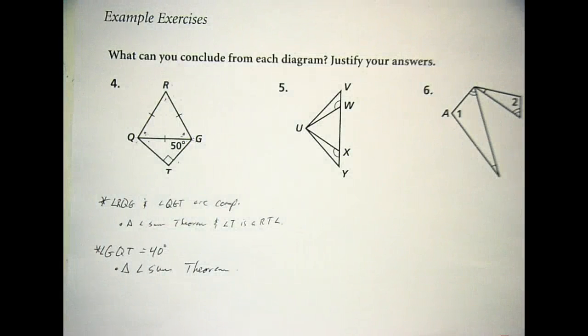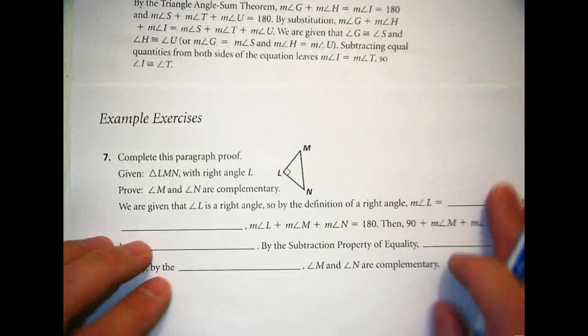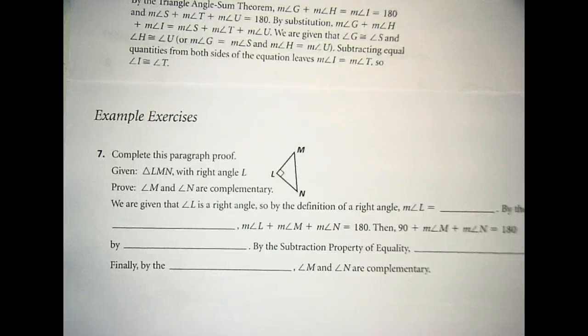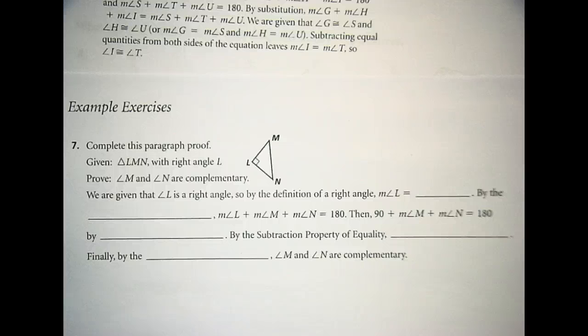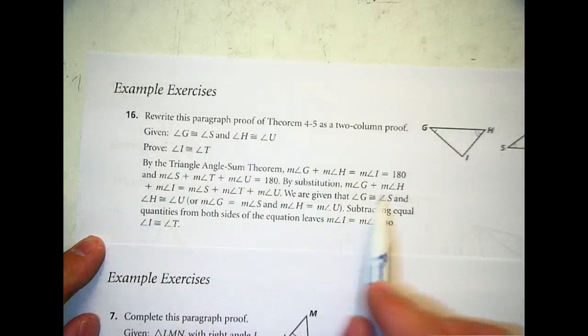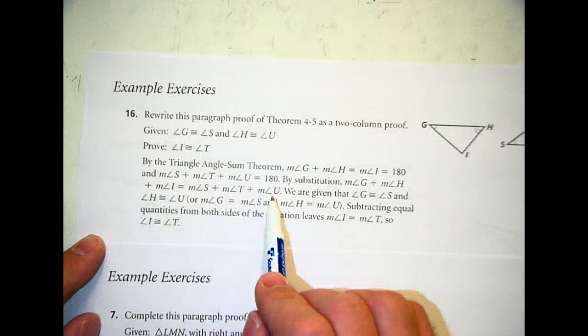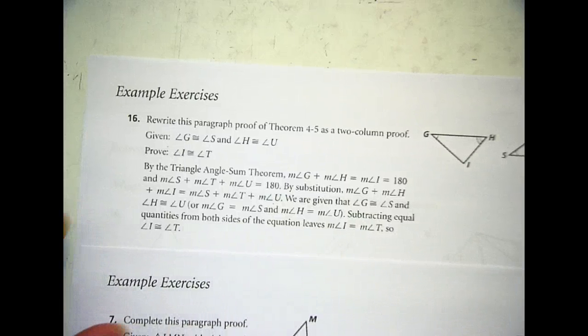On 7 and 16, when it says by the, that's giving you your reason, so by this theorem or this reason. So do your best on 7 and 16. Those are going to be kind of tougher ones. You're trying to break this one apart into a 2 column proof, so separate your statements and reasons on 16. All right.